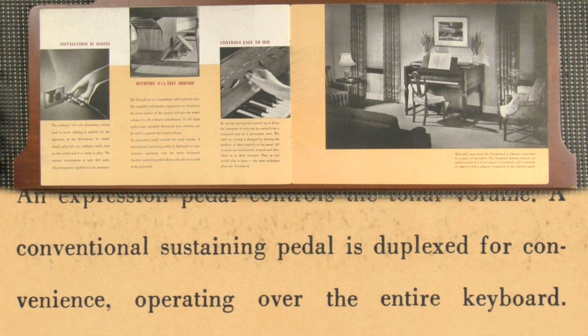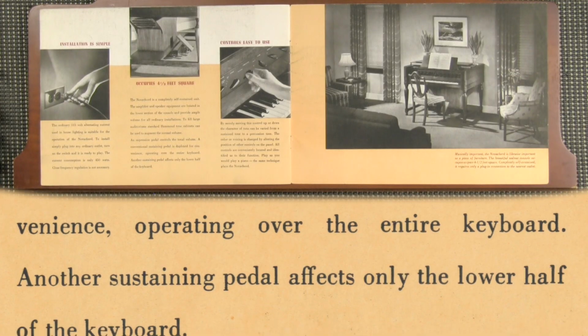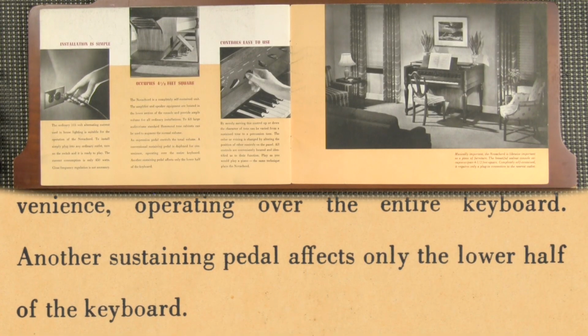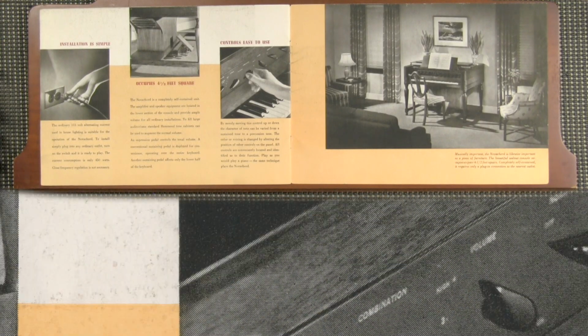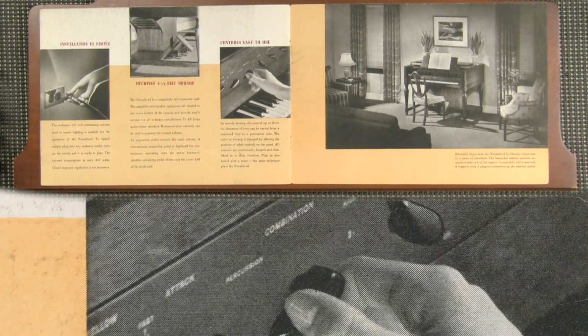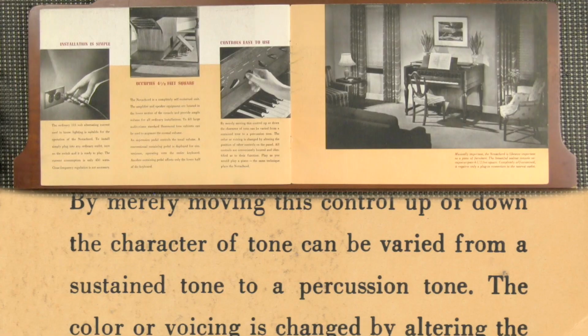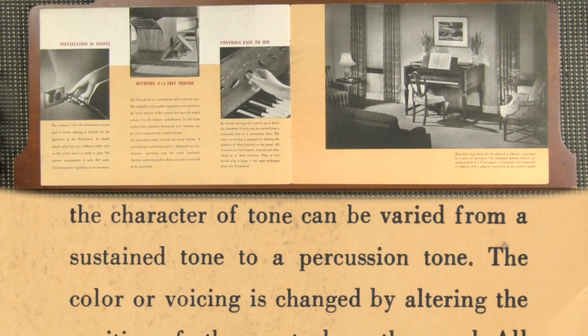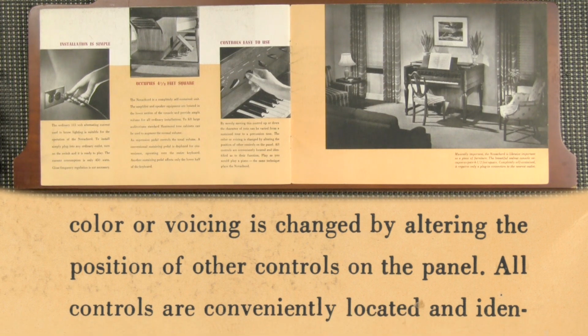An expression pedal controls the tonal volume. A conventional sustaining pedal is duplexed for convenience, operating over the entire keyboard. Another sustaining pedal affects only the lower half of the keyboard. Control is easy to use. By merely moving this control up and down, the character of the tone can be varied from a sustained tone to a percussion tone. The color or voicing is changed by altering the position of the other controls on the panel.